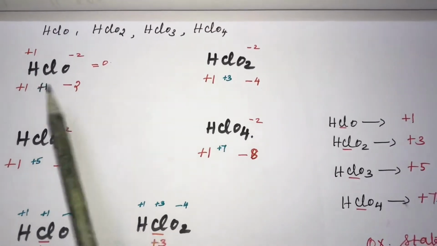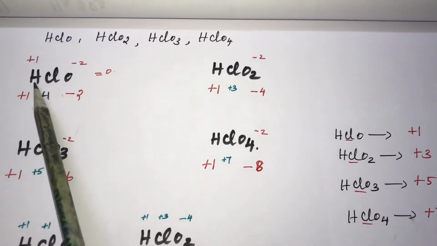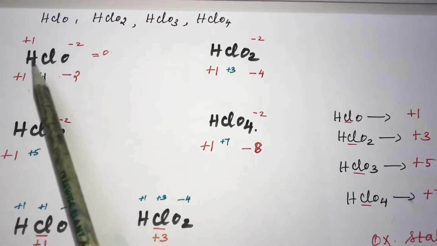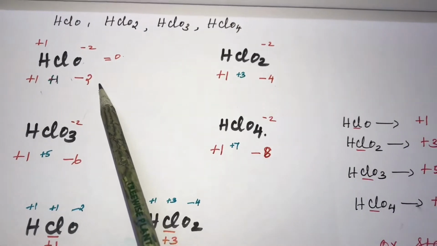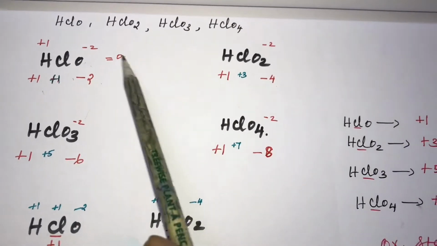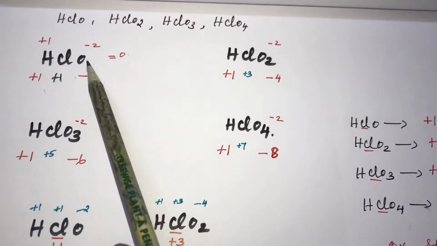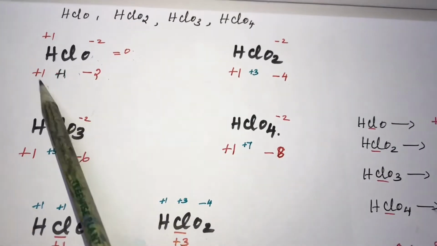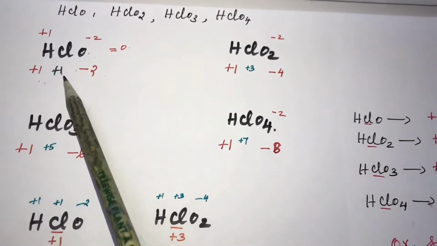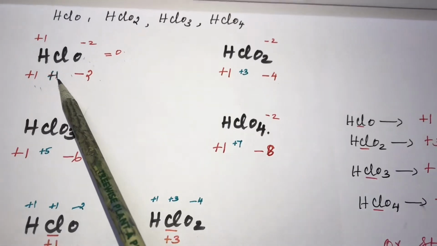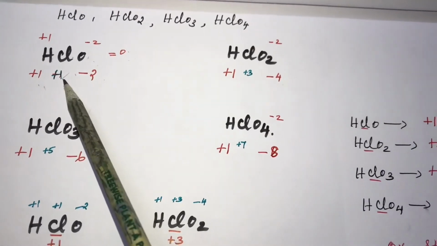The first one, HClO: generally hydrogen is plus 1 oxidation state, oxygen minus 2. The sum must be equal to 0. So with oxygen minus 2 and hydrogen plus 1, the chlorine is plus 1. The oxidation state of chlorine here is plus 1.